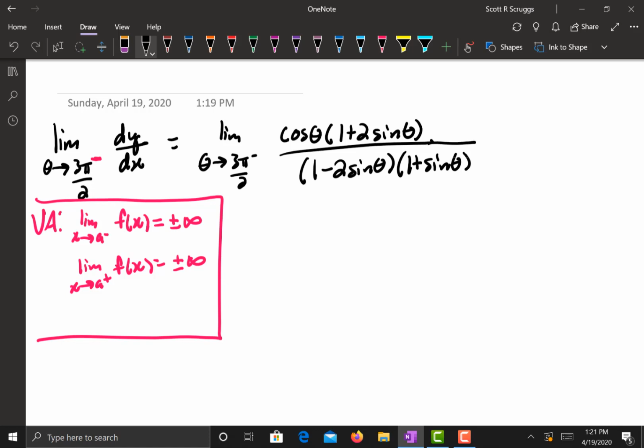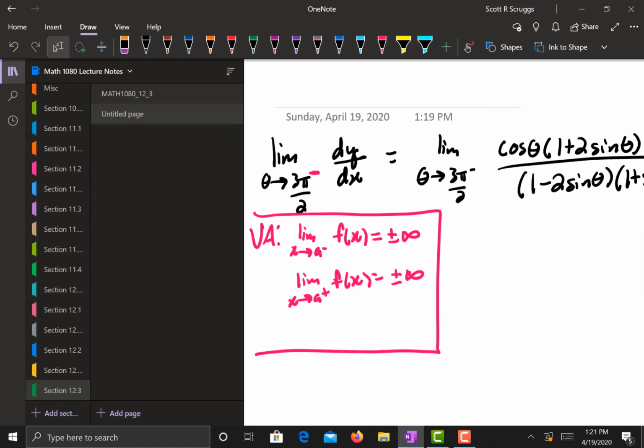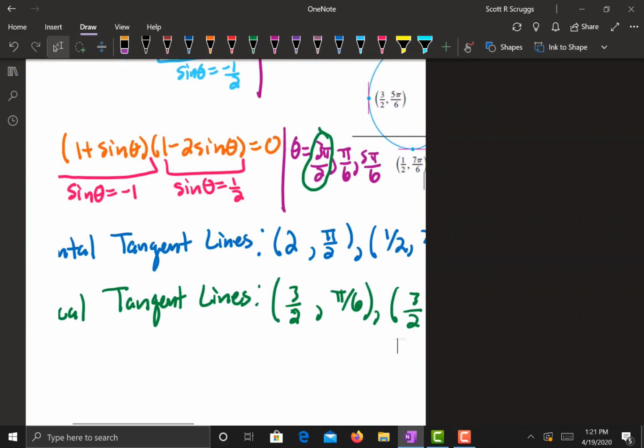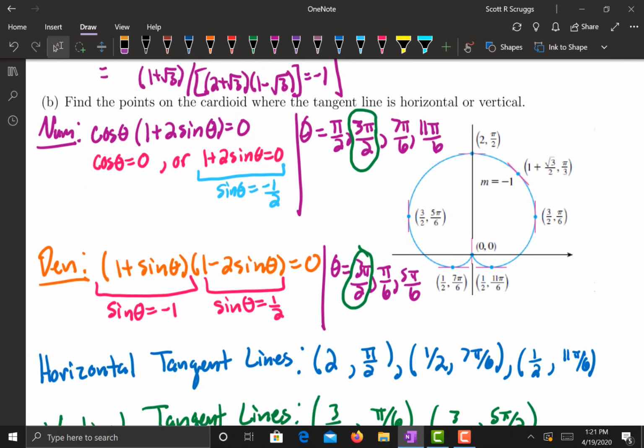Now, here comes my thought process initially. Let's look back at our scratch work from before.